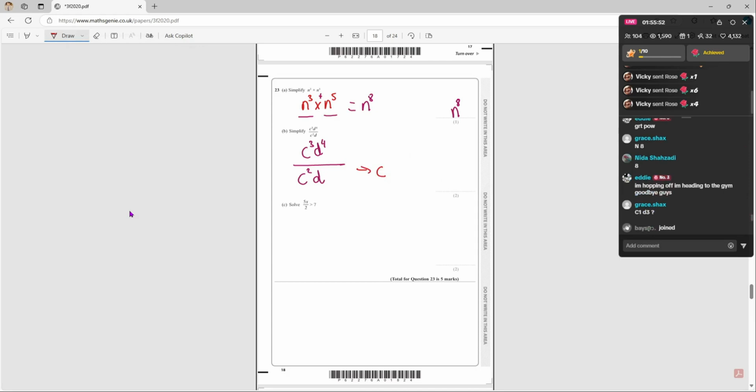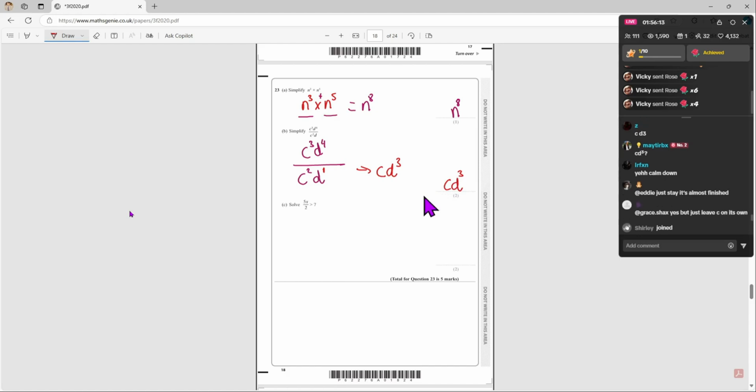And d to the power of 4 over d to the power of 1, an invisible 1 over here, you subtract the powers and get d to the power of 3. So your answer is c d to the power of 3.